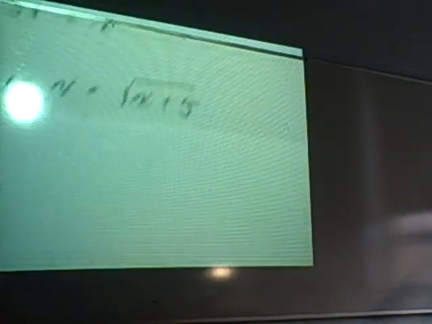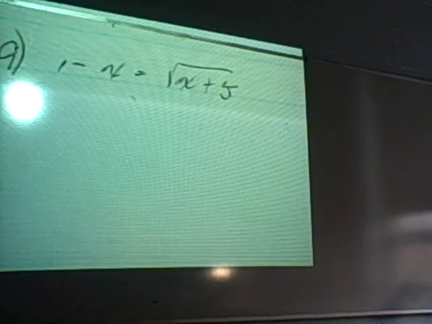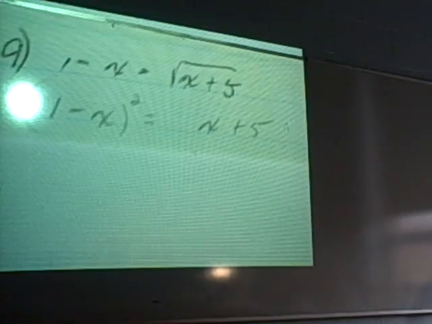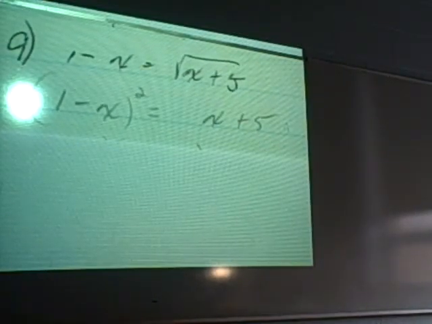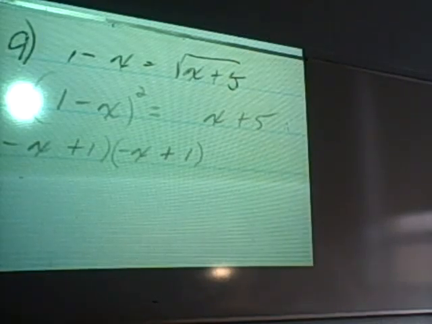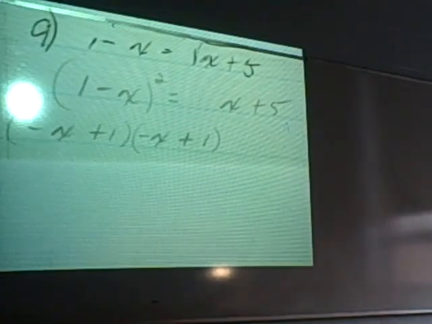Alright, so, it's number 9. So in this case, I want to get rid of the radical, so I'm going to square both sides. And when I square both sides, I have 1 minus x squared equals x plus 5. And when I square that, this is where most people make their mistakes, when they are multiplying.